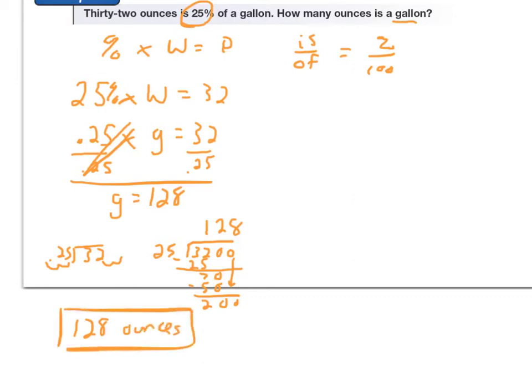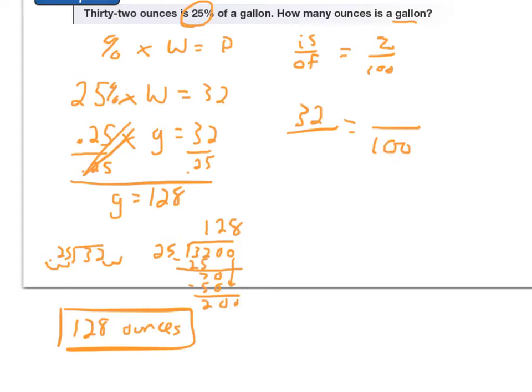Okay, so now let's use the other method here, because we can use them both to solve this. Okay, again, is over of equals percent over 100. Well, this says 32 ounces is, so that's my is part, is 32. This part always never changes right here, the 100, because percent's always out of 100.